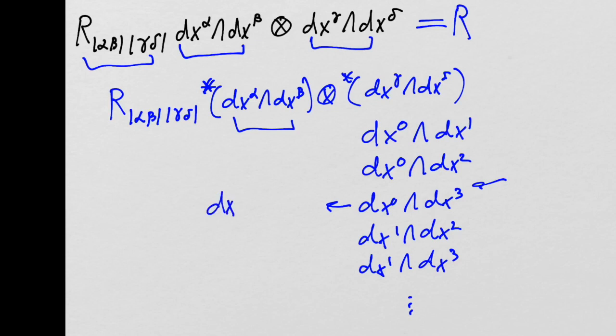So it'll be dx1 wedge dx2, and the question is whether it's plus or minus, right? And we worked it all out for this case and got all those answers.